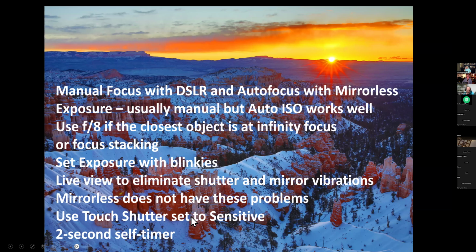What that is in landscapes is you just touch the LCD where you want focus. It'll focus there, and then I have it on a 2-second self-timer, and it'll count down 2 seconds and take the shot. I set it to sensitive, so I barely have to touch my LCD screen and that'll all happen. Or I can use the 2-second self-timer. That works really well too.